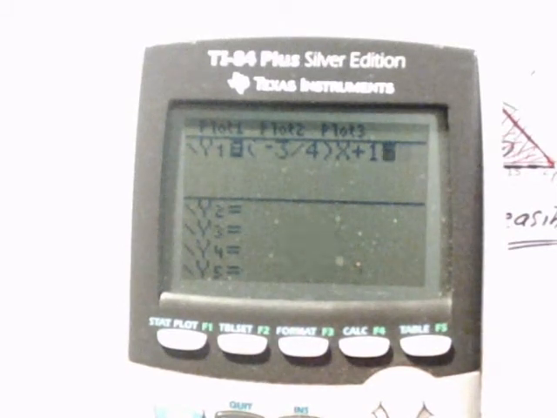Okay, and then you go back. I have less than or equal to, there we go, less than or equal to. Then I just move to the next line.